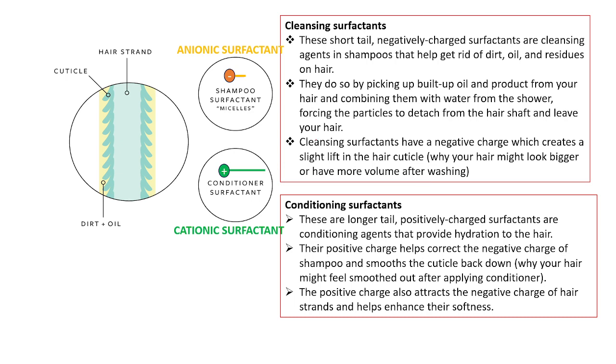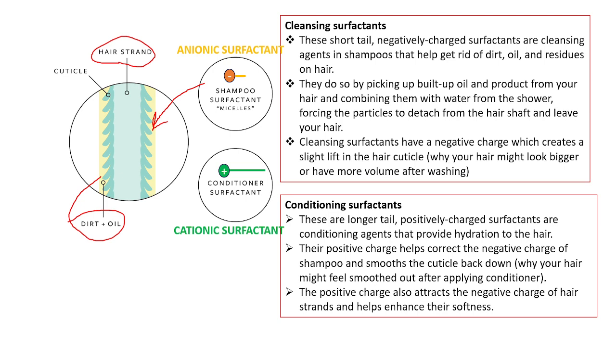First, consider this a hair strand, and that is the cuticle. See, this yellow-colored thing is the oil or dirt molecule. The hairs are surrounded by the yellow-colored oil or dirt molecules present on the hair.